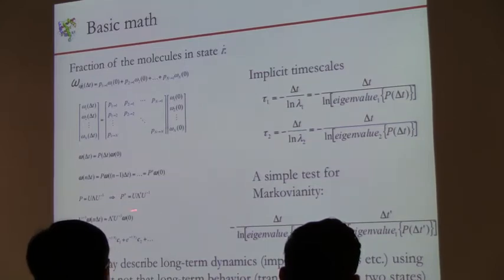Returning from this representation to just concentrations of different states, we can see that the fractions, the population numbers of each state at an arbitrary moment of time, can be represented as the equilibrium values, which is the limit when time goes to infinity, plus some term that decays exponentially with time with the characteristic time tau 1, plus a term that decays exponentially with another characteristic time, and so on and so forth.